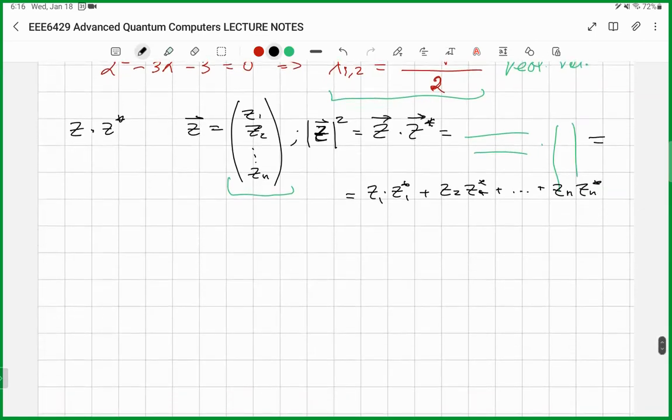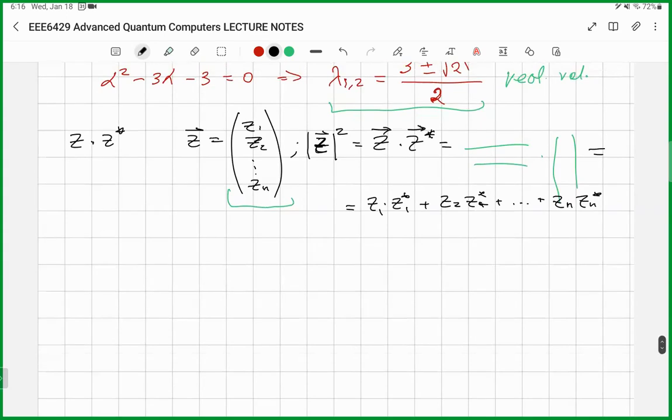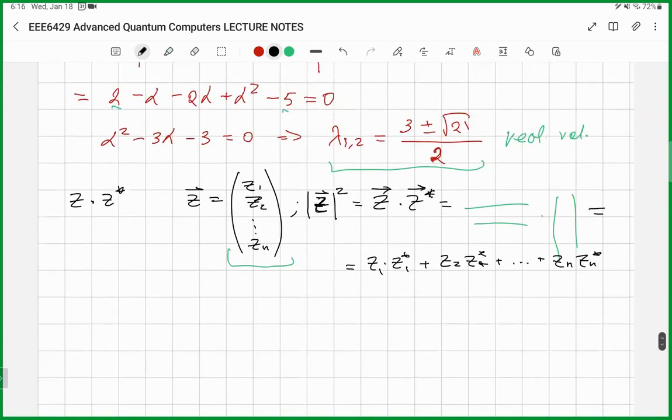So my point is that when you take the product of two complex vectors, you have to remember that you take the complex conjugate of one of them. And this is always correct.